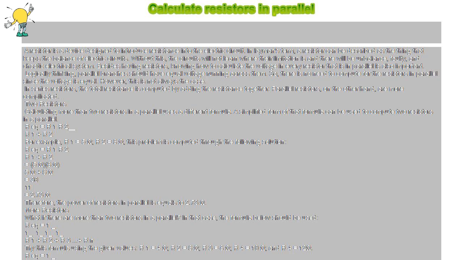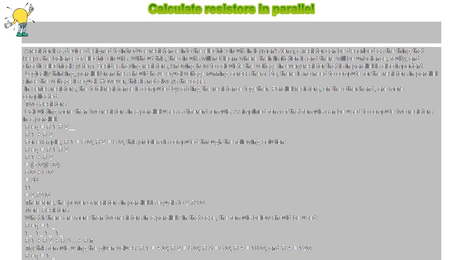Req equals R1 R2 over R1 plus R2 equals 5 ohms times 6 ohms over 5 ohms plus 6 ohms equals 30 over 11 equals 2.73 ohms. Therefore, the equivalent resistance of the resistors in parallel is 2.73 ohms.